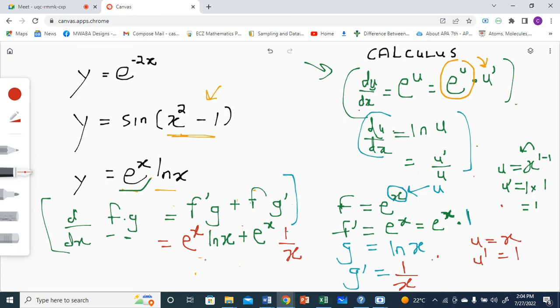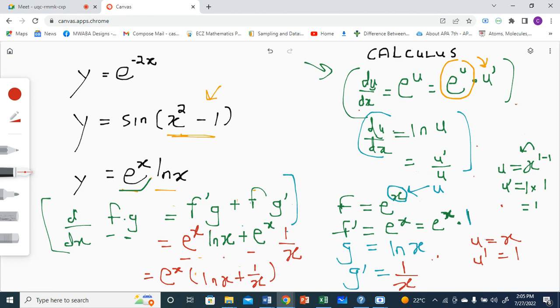We can also factorize this. We have a common factor here, which is e to the power x. So you just put your common factor outside: e to the power x, open brackets, the natural log of x plus 1 over x. That is your answer.